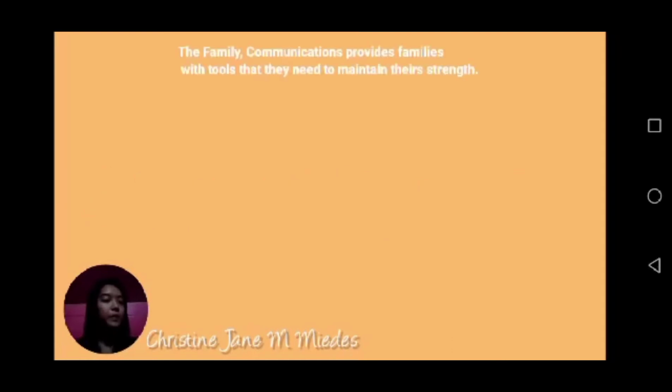So the second one is organization. The family is one example of a group. Communication provides the family with tools that they need to maintain their strength. It also refers to verbal or nonverbal information. Communication within the family is extremely important because it allows them to express their needs, wants, and concerns.